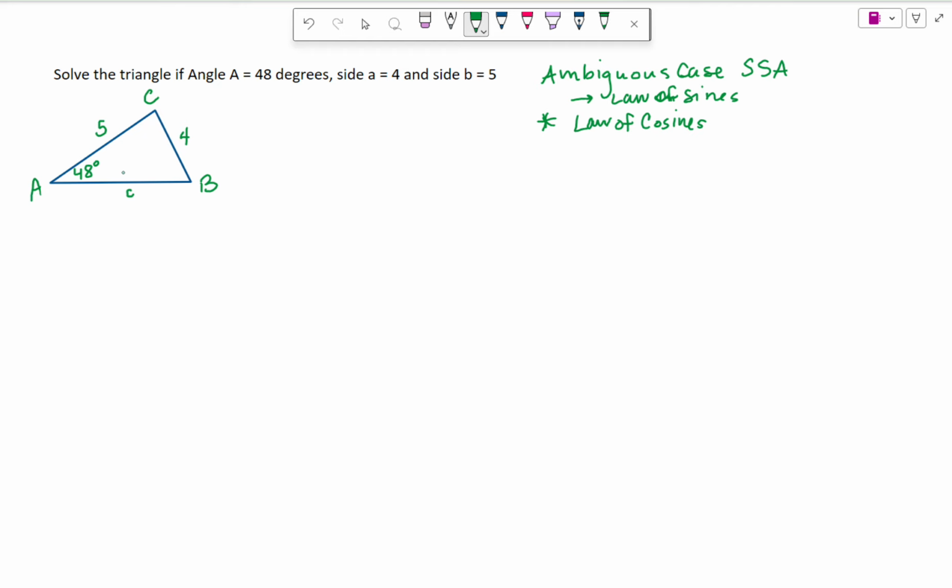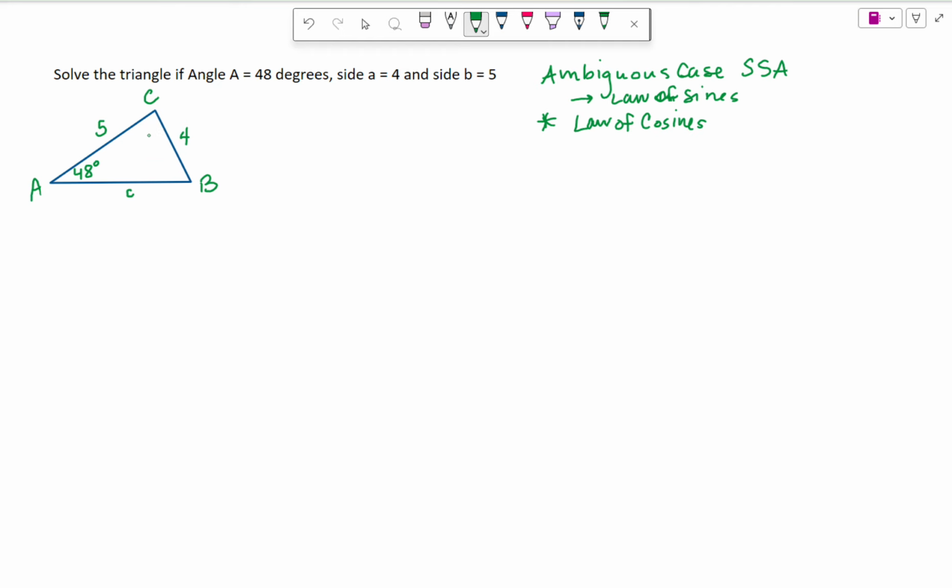If you set up the picture well like this, you can maybe tell that there could be 2 triangles, because this 4 side looks like it would fit right in here. To truly be sure, we'd want to check the height. If the height is less than 4, there would be 2 triangles, and if it was greater than 4, there'd be 0 triangles in this case. But we don't even have to worry about that if we use the law of cosines.